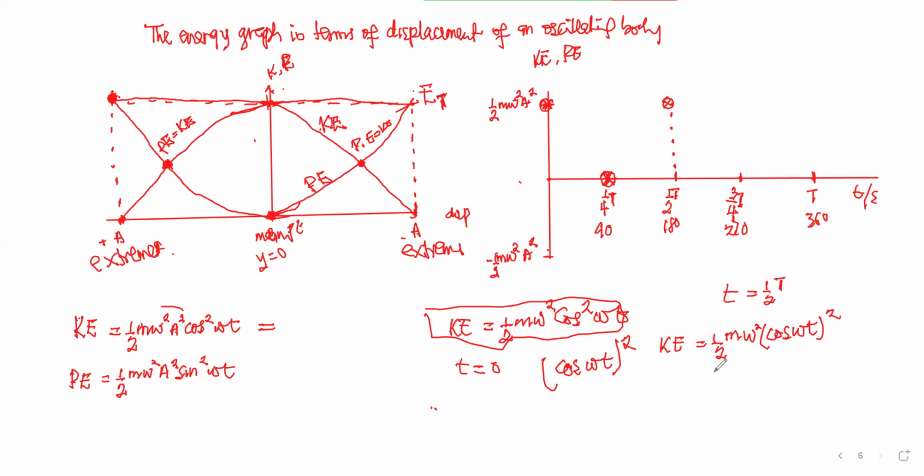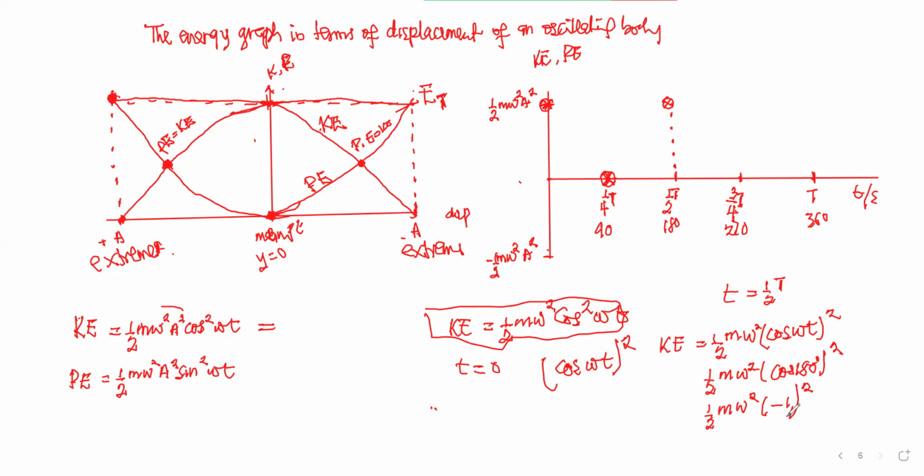So if we are using angle for this, then half m omega squared cos of omega t, where omega t is equal to theta, and theta is 180 degrees, all squared. Cos 180 is equal to -1. So half m omega squared times -1, but there is a square.